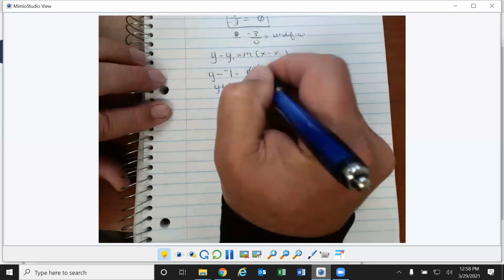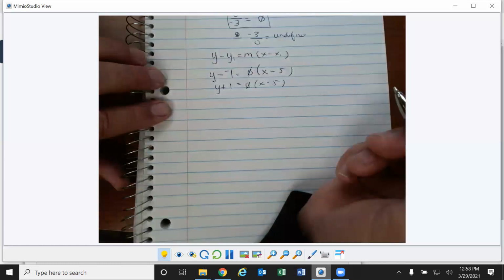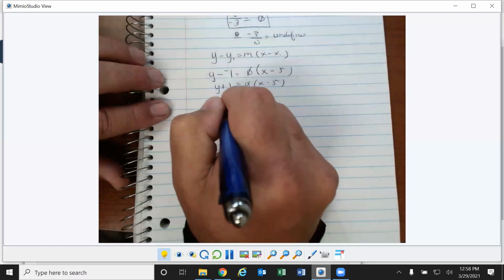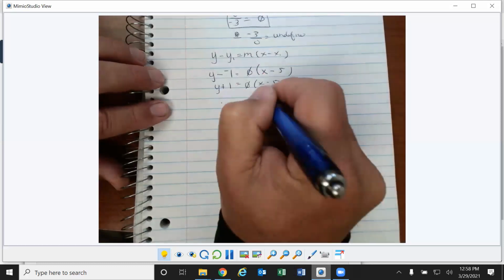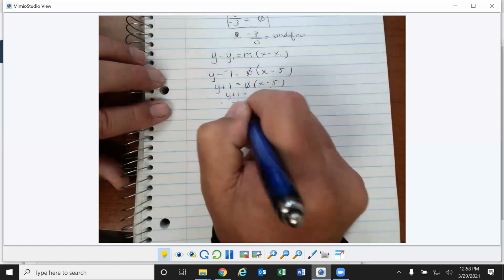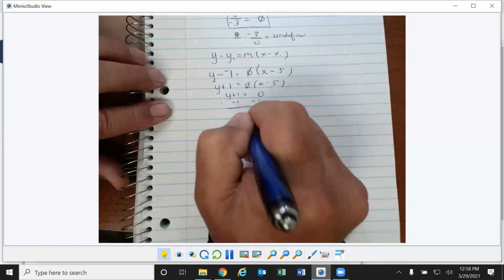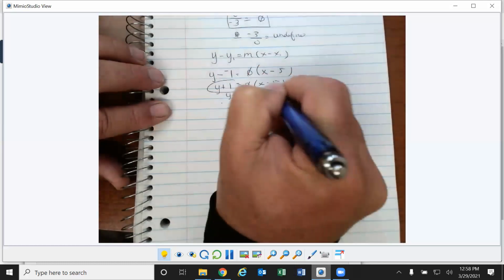They may ask us for this answer right here, which technically is correct, or they may ask us for this one. What's 0 times this? Well, this whole thing is going to equal 0. And then when I move the 1 over, it's going to say y equals -1. So they may ask for that form, or they may ask for this form.